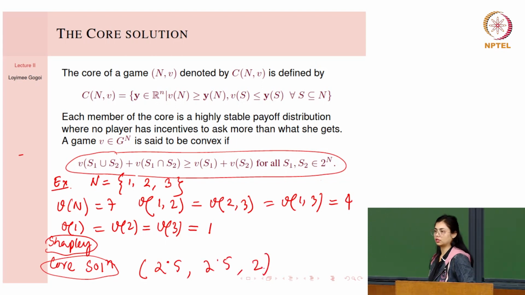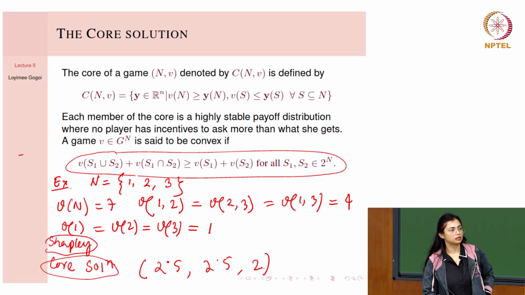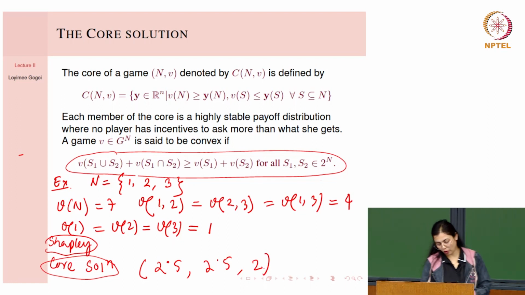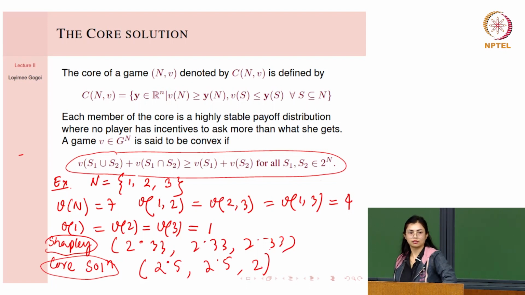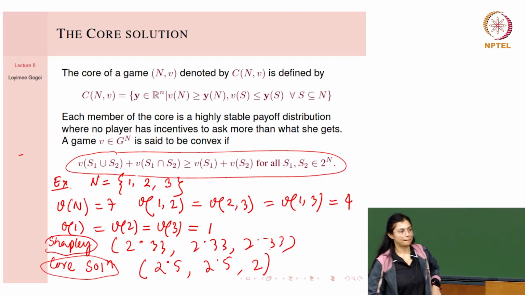It's one core solution here, right? Whatever the Shapley value is will probably be in between, 2.25, no. No, it will be like 2.33 and 2.33. It will be like this. Probably, I'm not sure, right? 2.33.